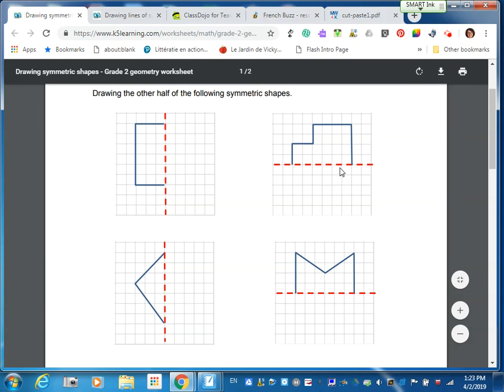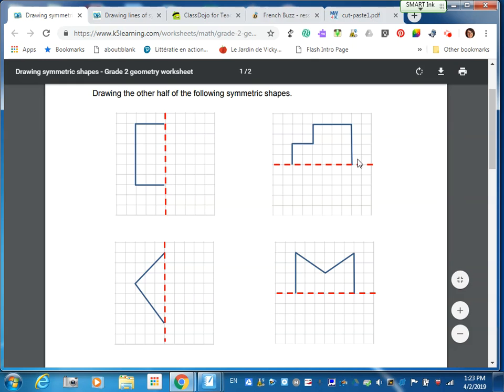It started to get a little bit more complicated here, but if we follow the rule of how many squares, and we remember that it is a reflection, it's not going to be the same drawing just slid downwards. It's going to be a reflection, so the opposite, but would match exactly.